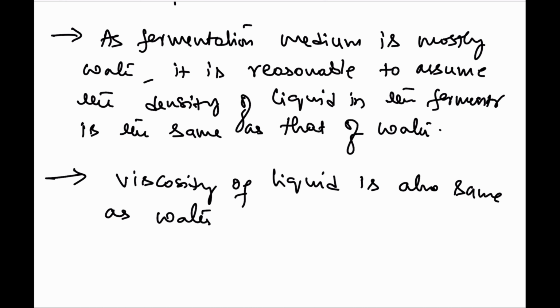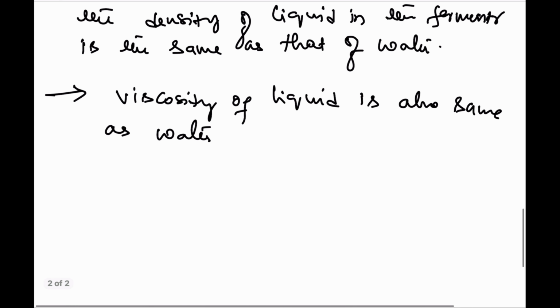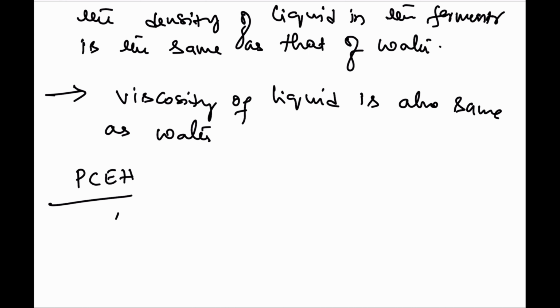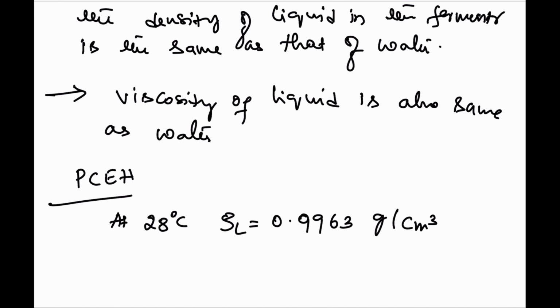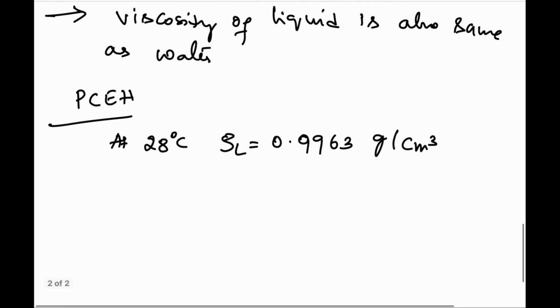Again from Perry's Chemical Engineer's Handbook, at 28 degrees centigrade, for water, since we are assuming the fermentation broth is nothing but water, the density is 0.9963 g/cm^3, and the viscosity is mu_L = 0.87 centipoise.